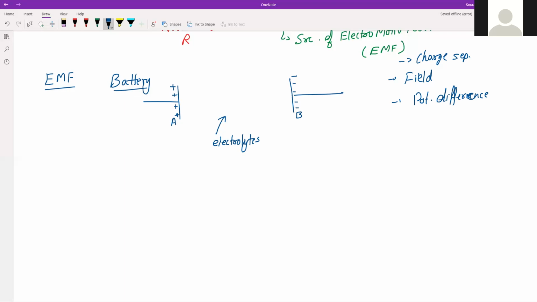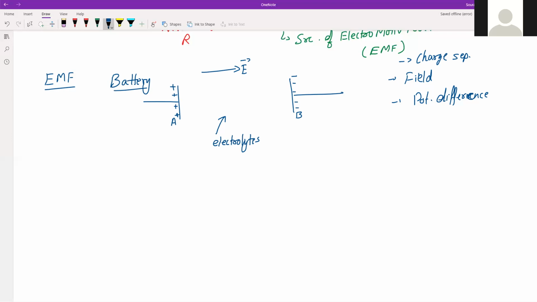So as I said, the charge builds up on the two terminals A and B, and a potential difference is set up between them. An electric field is set up in the electrolyte from A to B. So there is an electric field in this direction, and there is a potential difference between these two.